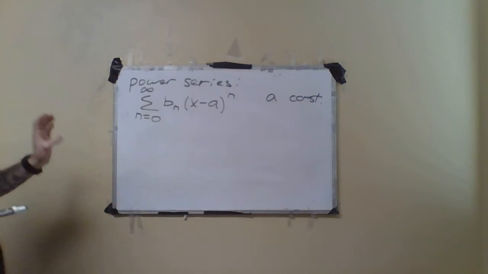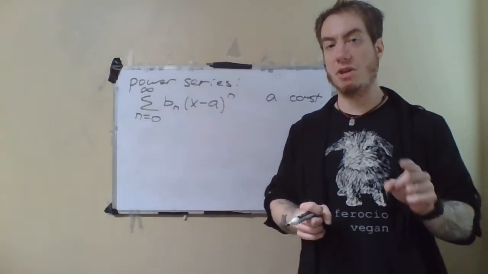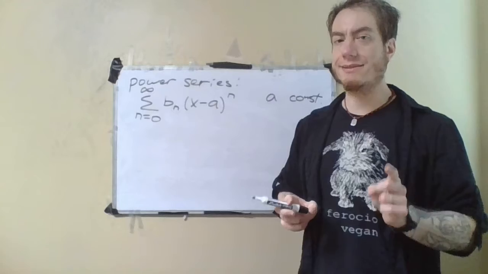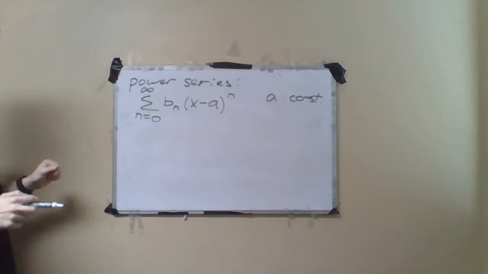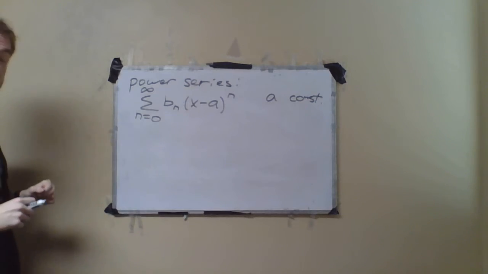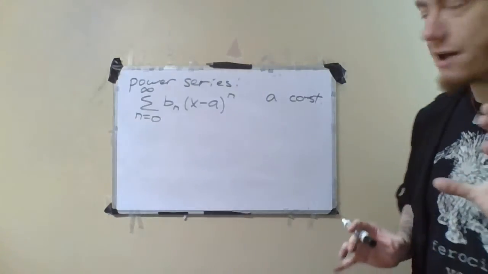Now, power series are really useful in mathematics. In fact, a power series can be useful in mathematics even if it doesn't converge. But mostly we're going to be interested in power series that do converge in this class because we want them to define functions.